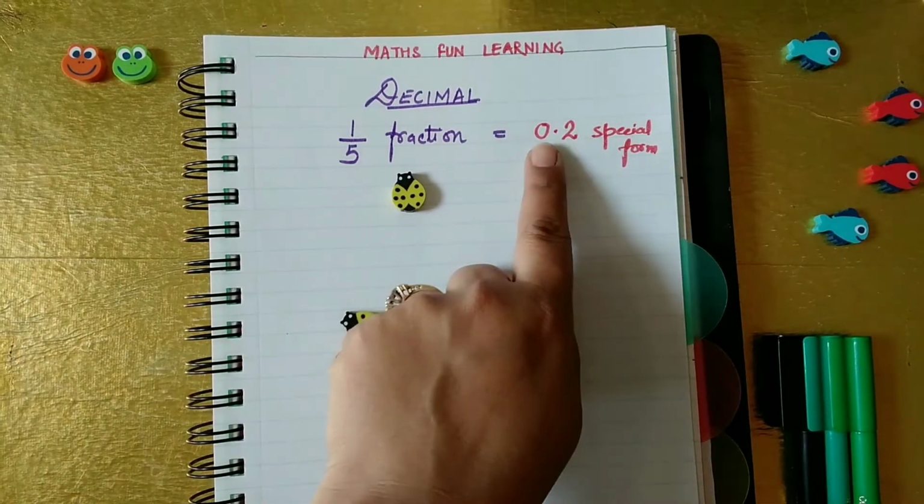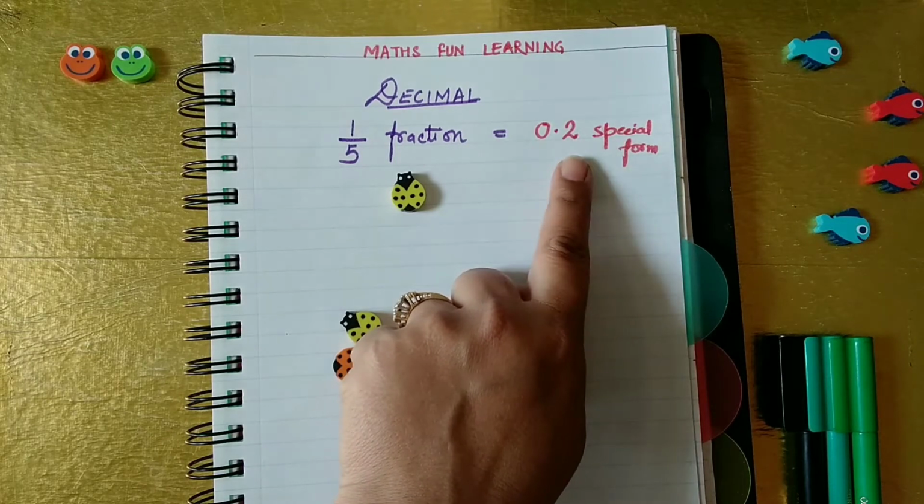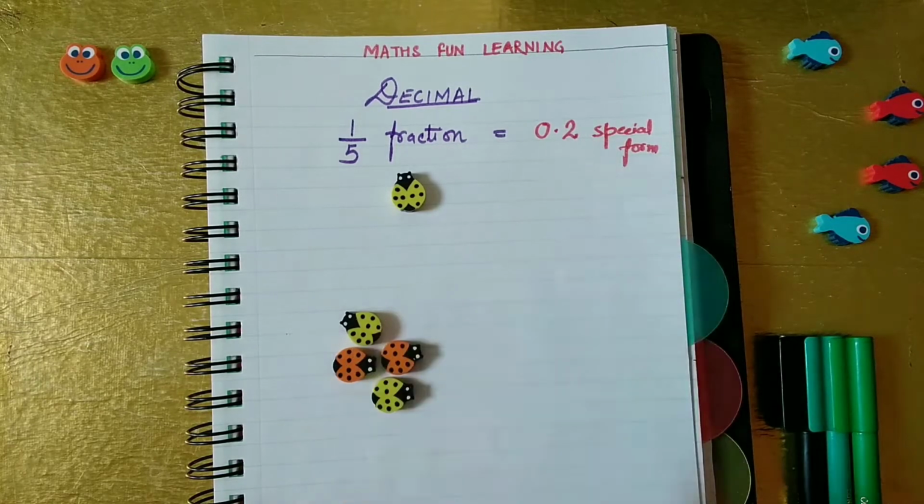0 here is on the ones place and 2 is here on the tenths place.